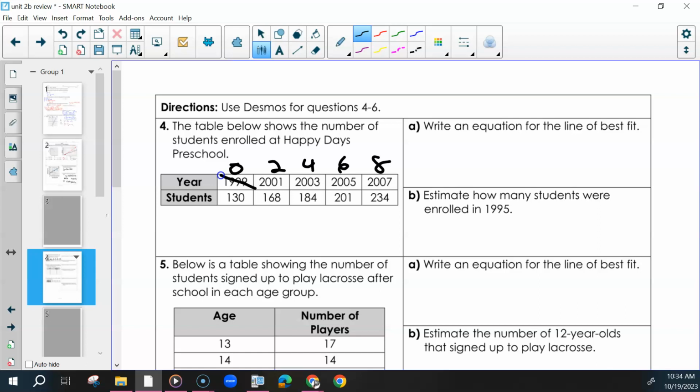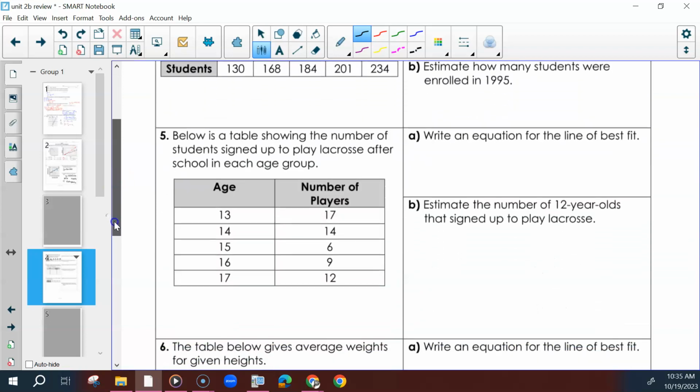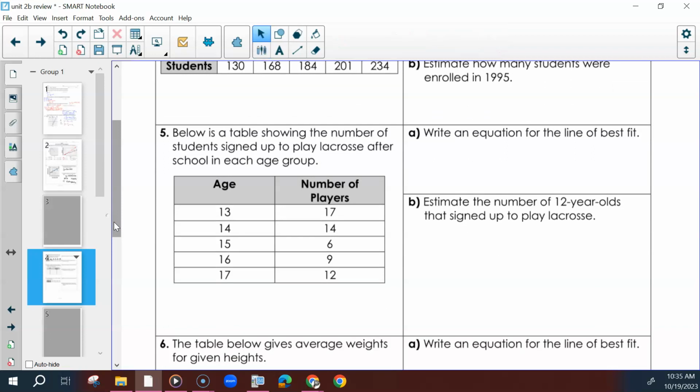Is there another line of best fit one you want to do? We'll do 5 and then we'll go on to word problems. So we're going to put this table into our calculator first. In this case, would age depend on number of players, or would number of players depend on age?